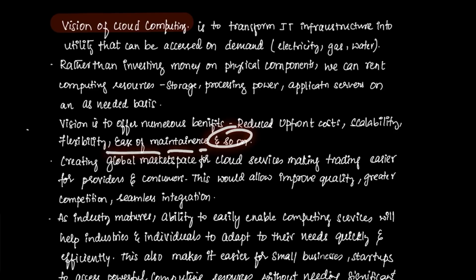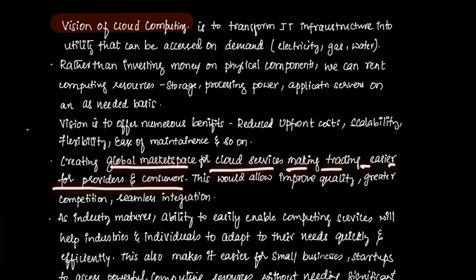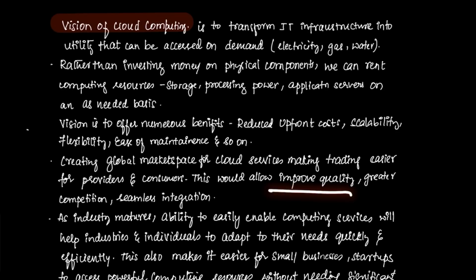Other benefits also. So the main vision is to create a global market space for cloud services, making trading easier for providers and consumers. Here they have spoken about trading from the consumers and providers perspective, where they can trade resources freely, breaking down the barriers between different services and vendors. So this would give great competition, improve the quality, and establish proper connection or integration between the systems here.